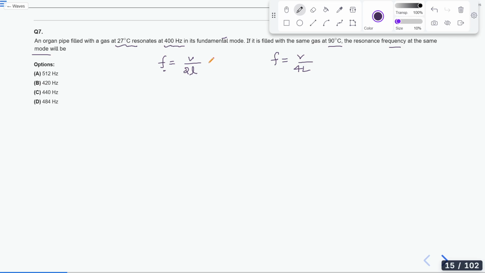How can we do it in the case of gases? In the case of strings, we know velocity is root of tension by mu. And in the case of gases, what is this velocity? Velocity of sound. The formula given by Newton for the velocity of sound in air was root of pressure upon density.